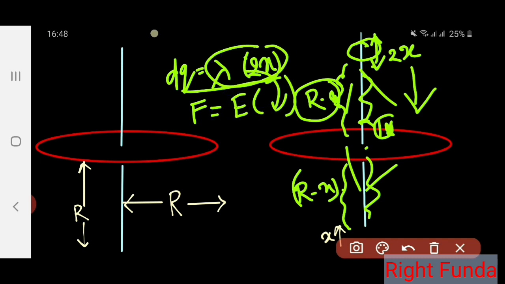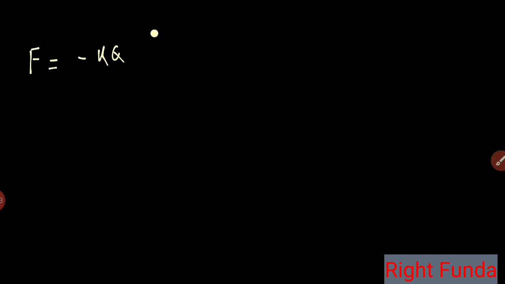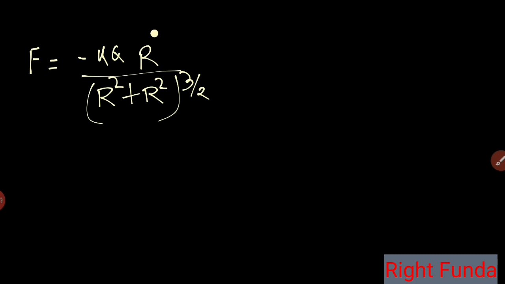The force will be equal to minus kQx, where x is the axial distance where the charge is, divided by (R square plus x square) to the power 3 by 2, into our charge lambda into 2x. This is the net force acting. I have taken x as positive, so the force comes out negative.